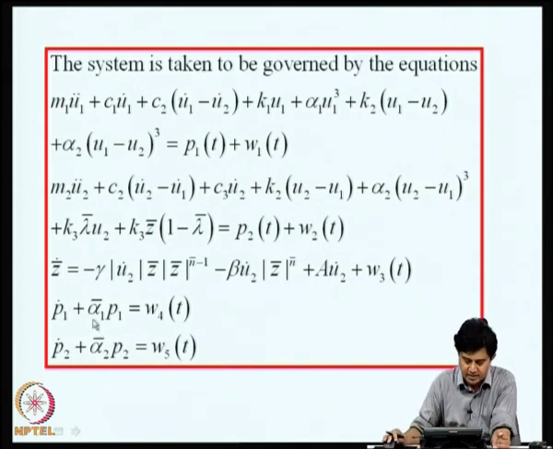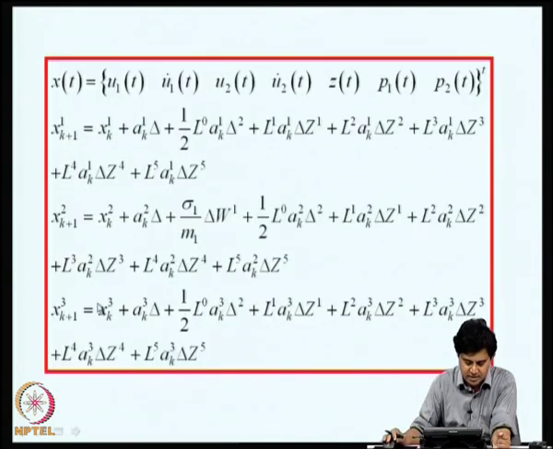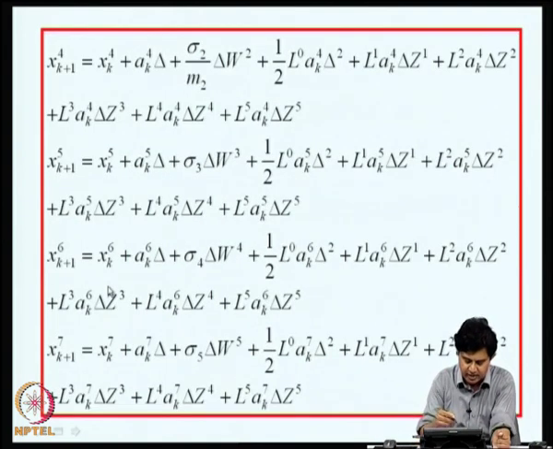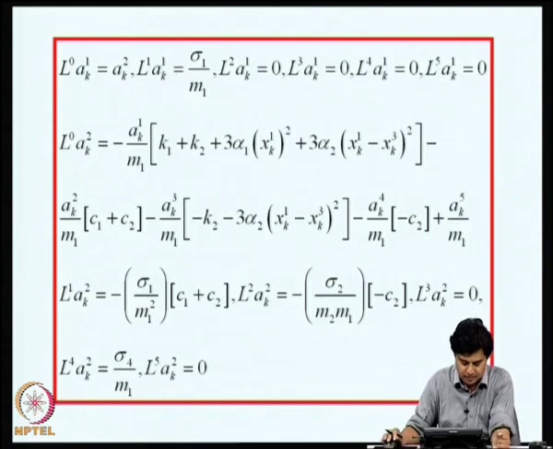You need to formulate that problem, and once you do that correctly and use this scheme, I have given you the details of the discrete map that you will get when you implement this discretization scheme. You can use these details to verify if you are progressing correctly according to the proposed scheme.